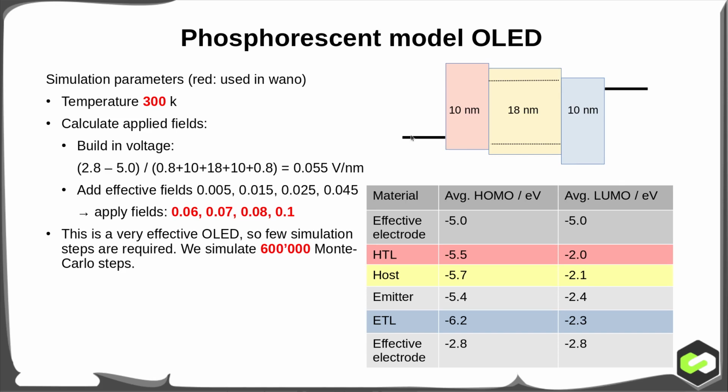So the inbuilt voltage is the difference of the work functions, which is here 2.8 minus 5.0 volts.